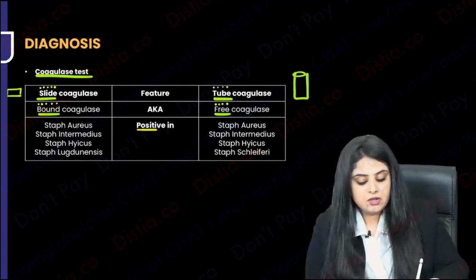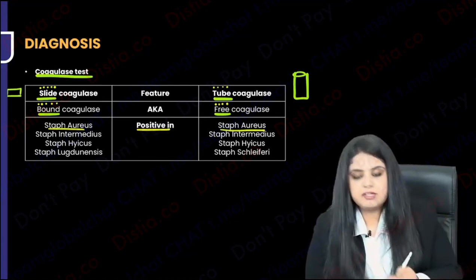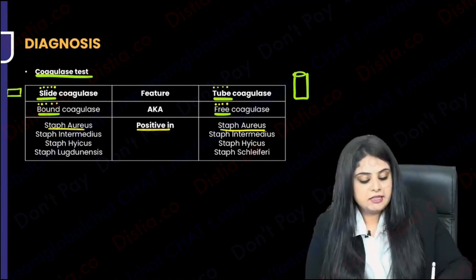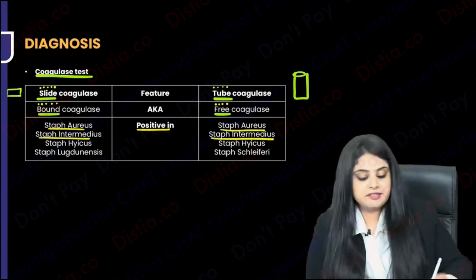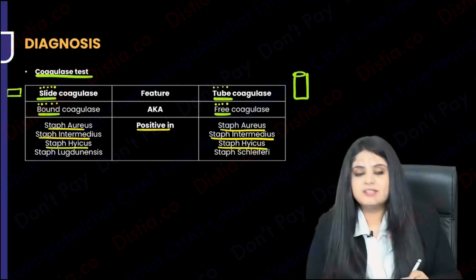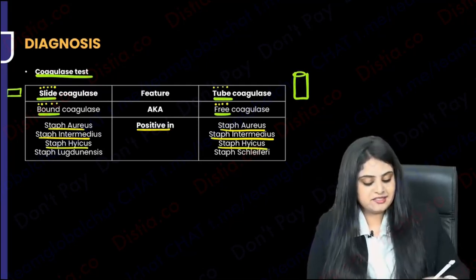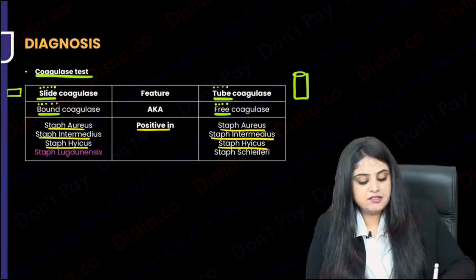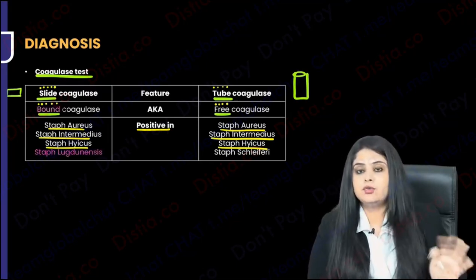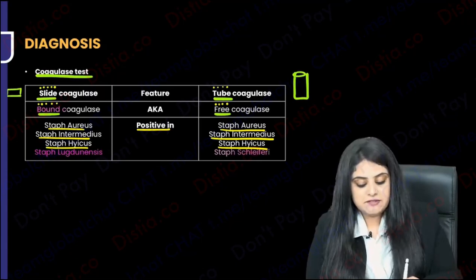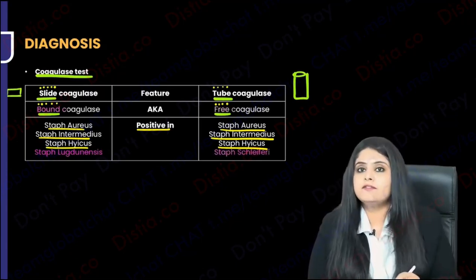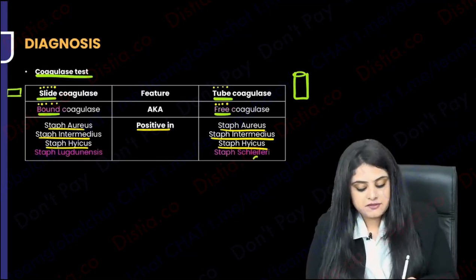Now these are gonna be positive in almost the same way. Staph aureus shows you tube and slide, Staph intermedius shows you tube and slide, Staph hyicus shows you tube and slide. So you'll say, what's the difference, ma'am? Look at this. Staph lugdunensis only shows you bound, it doesn't show you free. And Staph schleiferi only shows you free. Confusion? Let's sort it out. Staph schleiferi has the word free in it.